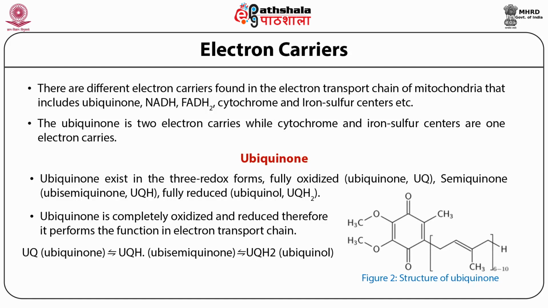Therefore, it is a very important carrier of electrons in the electron transport chain. You can see in the structure where we have the isoprenoid unit. The number of isoprenoid units present in ubiquinone differs in different organisms, but they always have a similar type of structure.